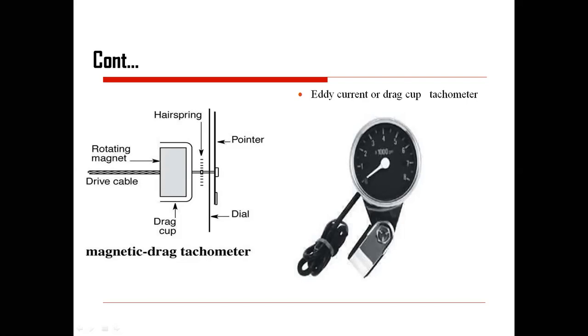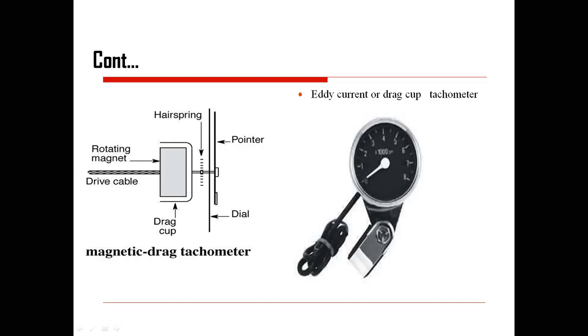So this pointer will try to deflect. If this is the zero position, then it will try to move towards the inner side, and on the dial gauge it will provide the rotations. These rotations totally depend upon the eddy current generated due to the rotating magnetic field and the opposing force generated by the drag cup.